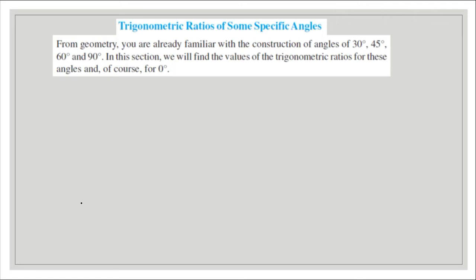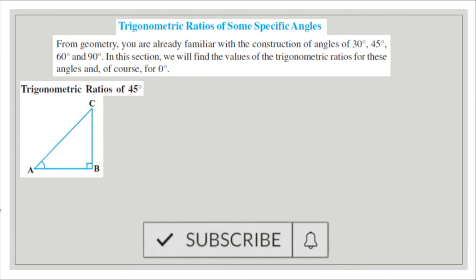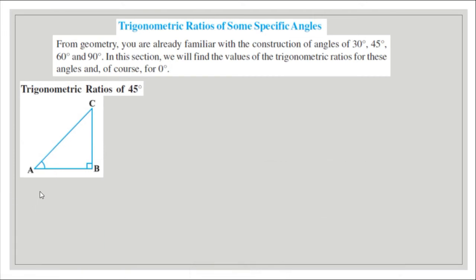Let's start with the trigonometric ratios of 45 degree. For that, I'll consider a right angle triangle. When 45 degree is there, this angle is 45 degree, angle A. This remaining angle also will be 45 degree.